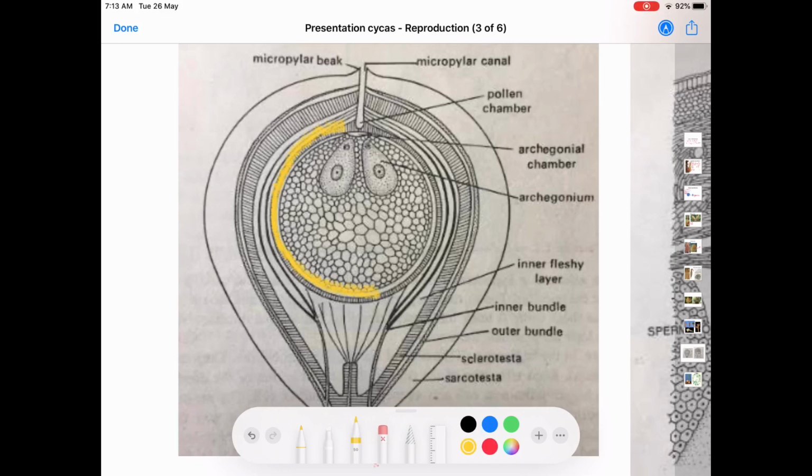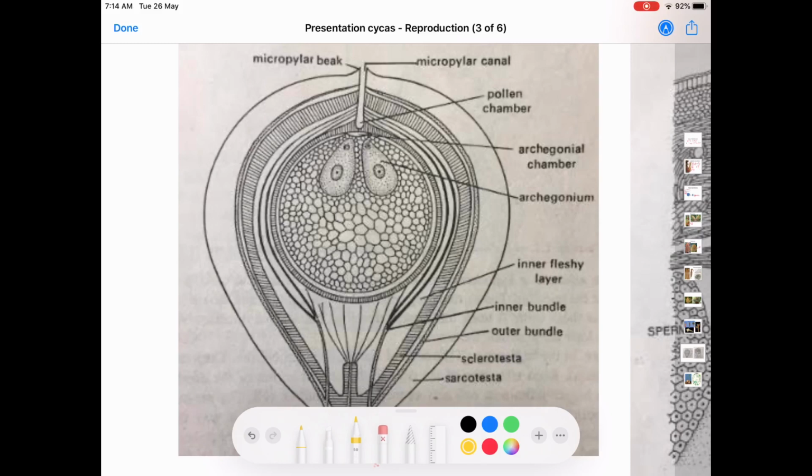See this layer is known as nucellus. And nucellus is always nutritive in function. Supplying nutrition to the developing egg is the function of the nucellus.